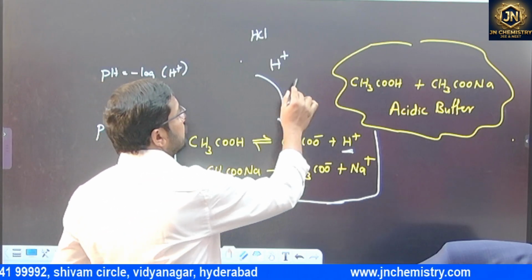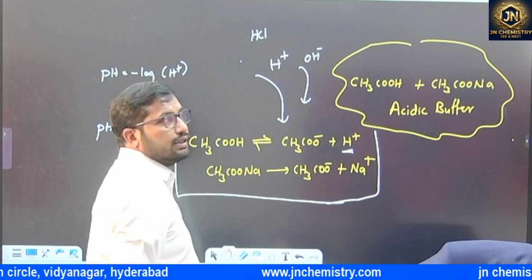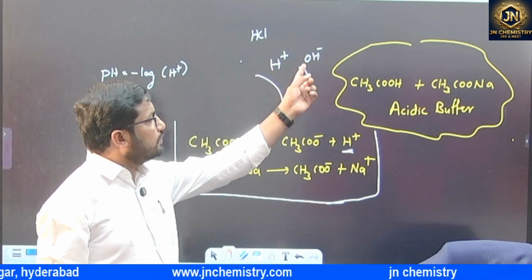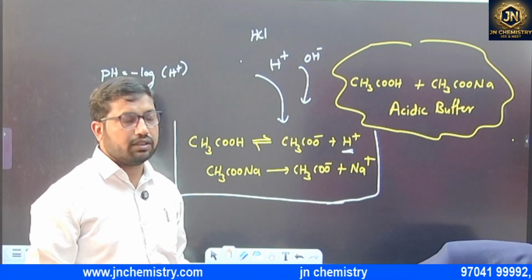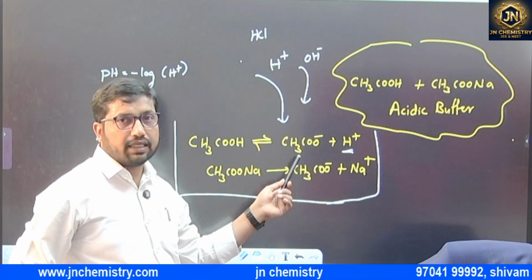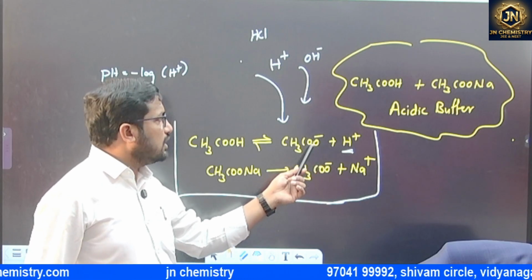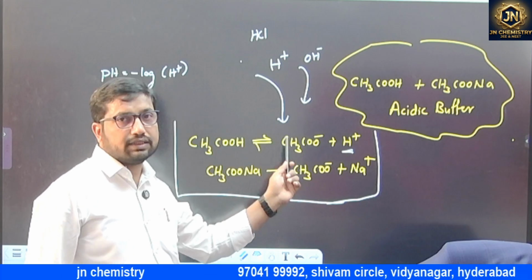Or if you are adding some small amount of base, there is also no change in the pH. If you are adding OH minus, the OH minus and H plus undergo a neutralization reaction and become water. So the H plus concentration decreases on this side, and the forward reaction takes place.